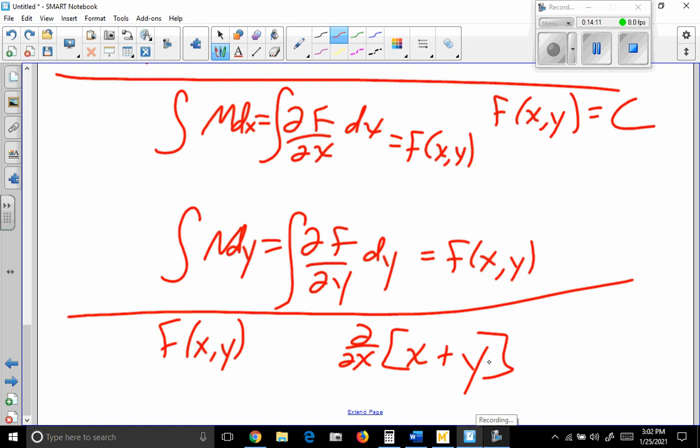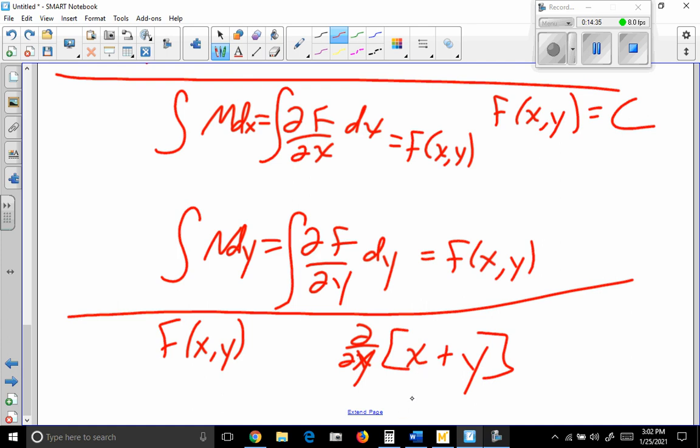So when we go back to integrate with respect to x, we're not going to get any y terms. We would pick back up our x terms and possibly any constants, but we wouldn't get our y term. Likewise, if we were to take the partial with respect to y, our x term would go away. Then when we integrated it with respect to y, we're not going to get any x's back.